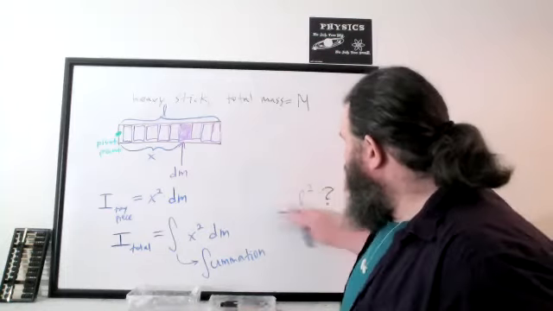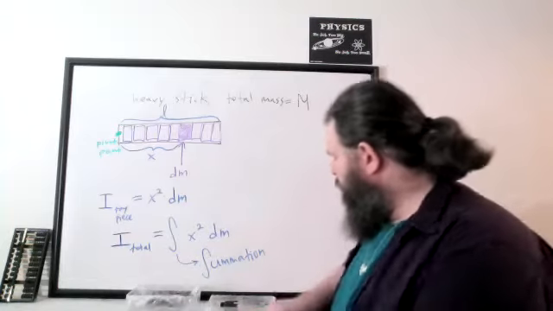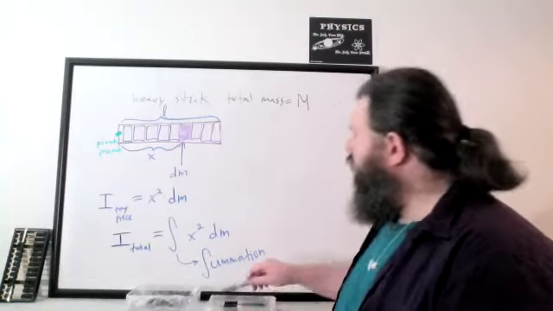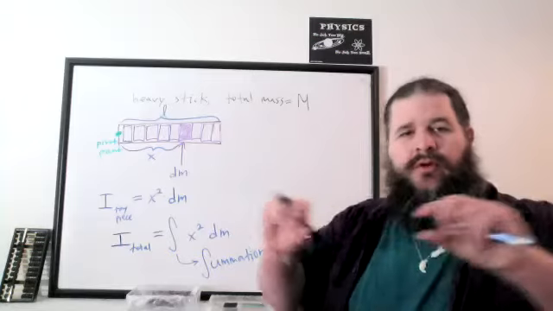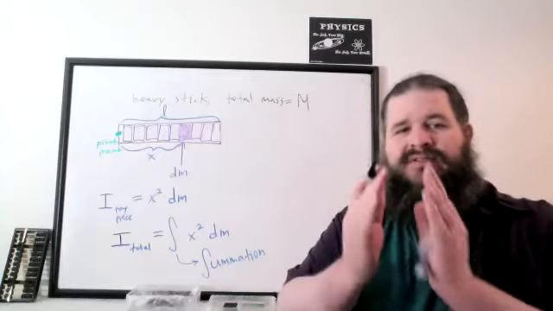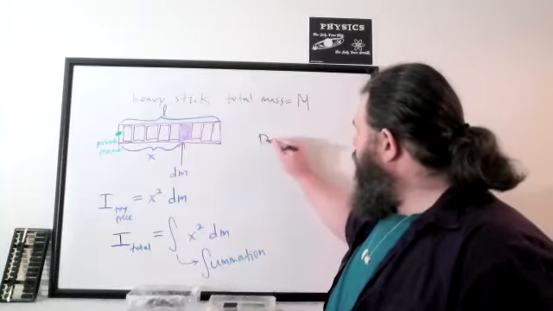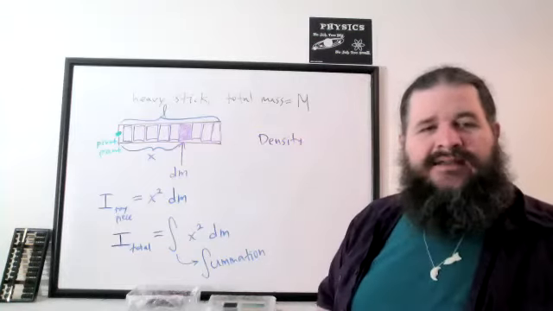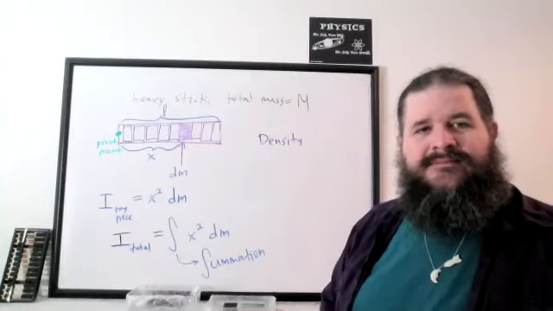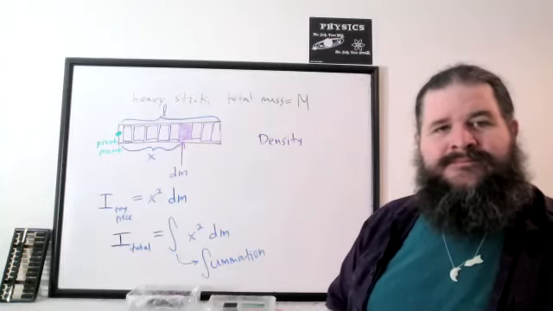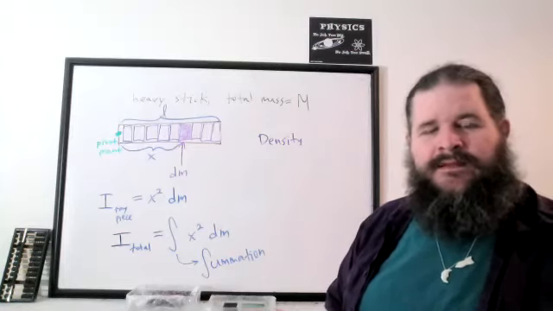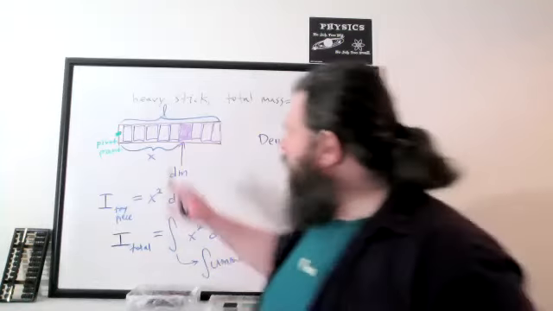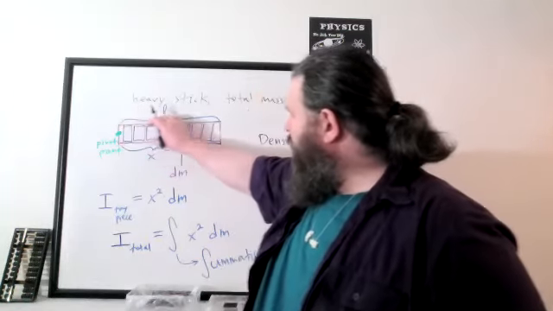And to do this, we can use the idea of density. If we assume that the stick is uniform density throughout, like every tiny bit is the same density, and we go back to the idea of density, how do we usually define density? Yeah, mass over volume. In this case, though, we don't really care about volume. We really care more about length.